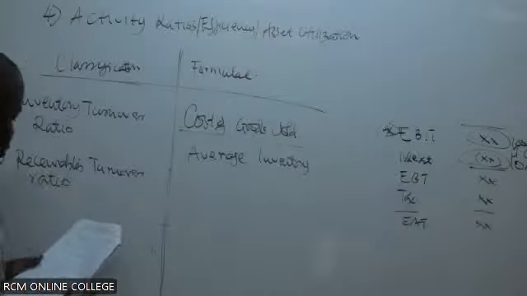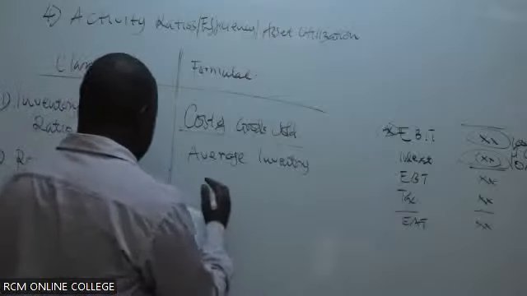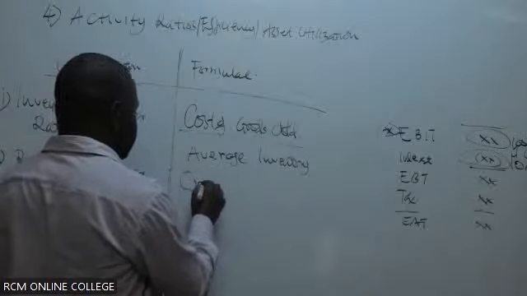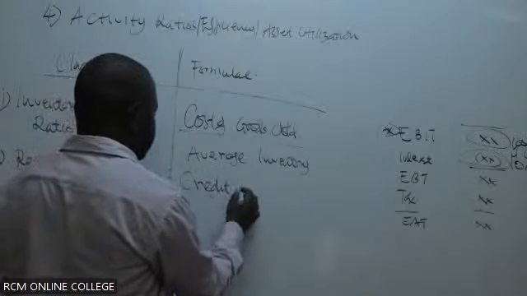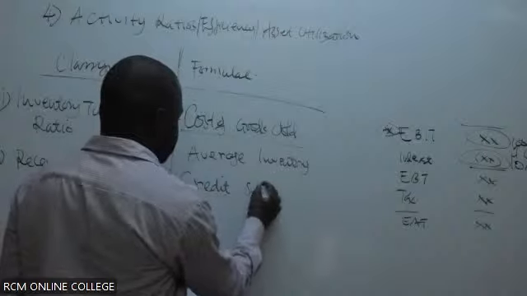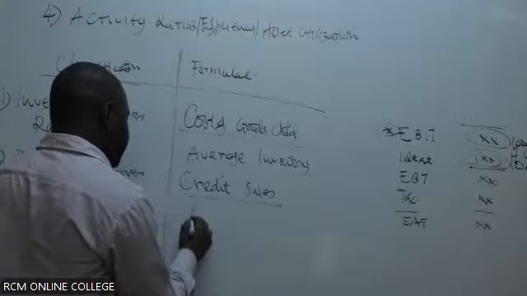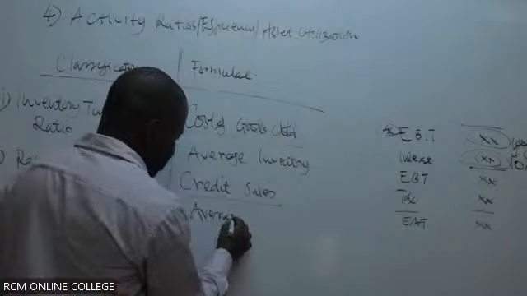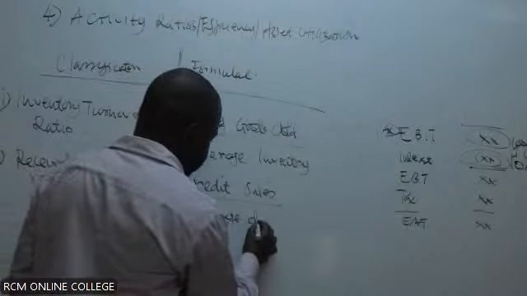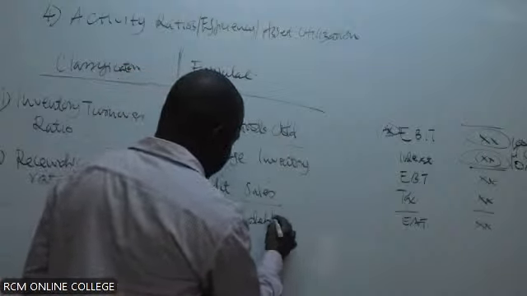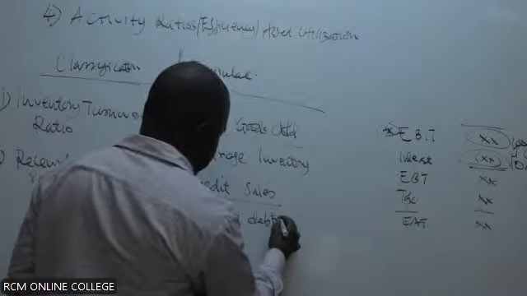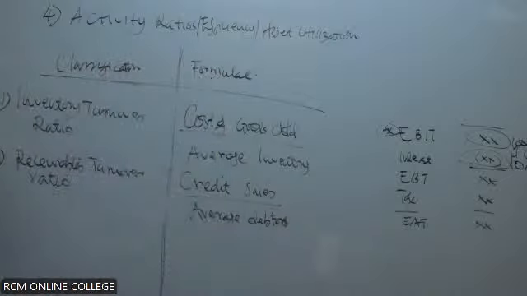So this one, you will take the credit sales. You divide by the average debtors.